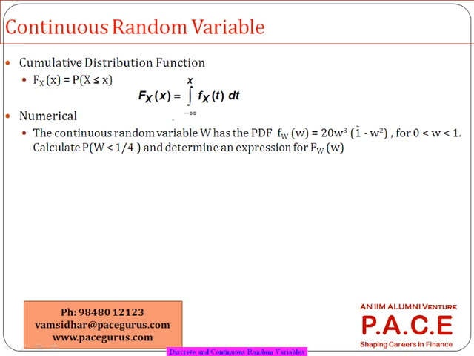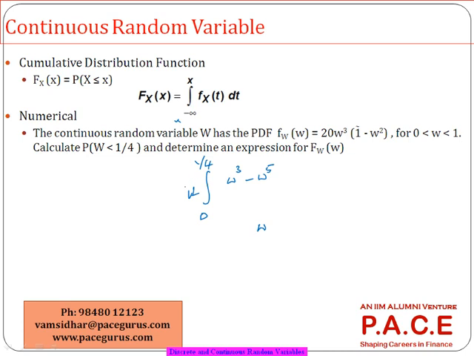So for this, what will I do? The integral from 0 to 1 by 4 of 12 into w cube minus w power 5. Because I am asking for the value lying between 0 and 1 by 4.